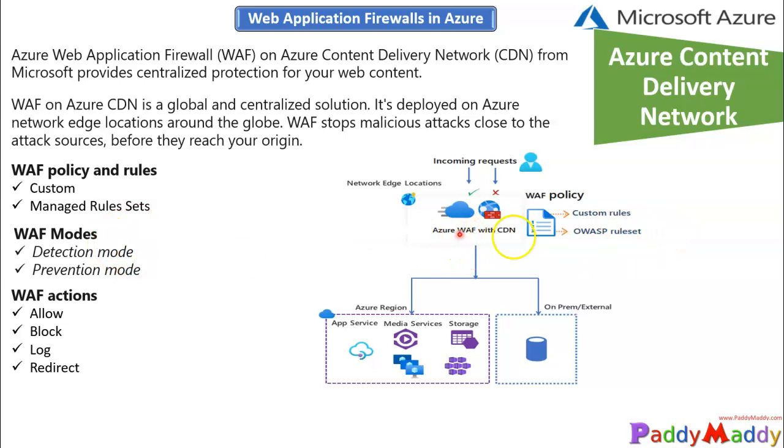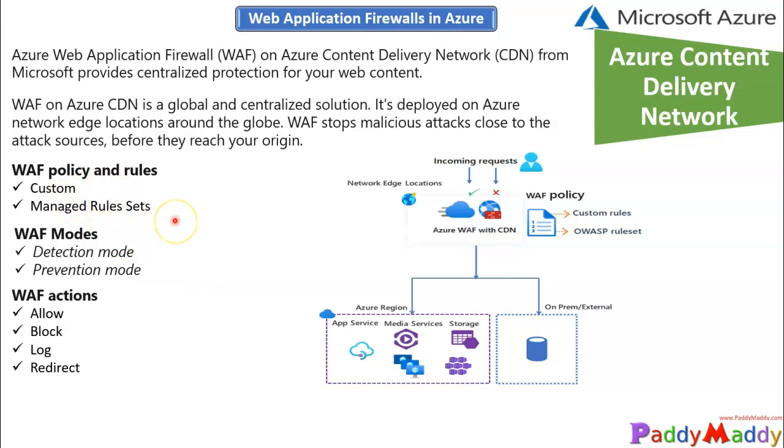You can also set your firewall into detection mode or prevention mode, and you can take actions like allow, block, log, or redirect. These are the same things we have the capability to do for the other two configurations, the front door as well as the application gateway.